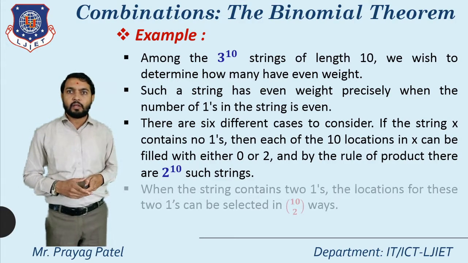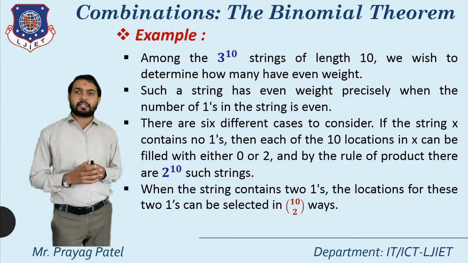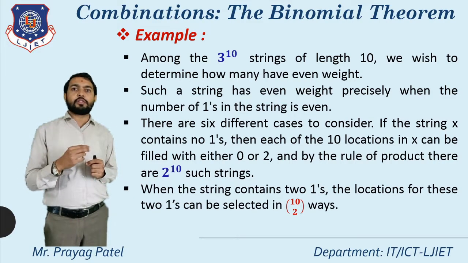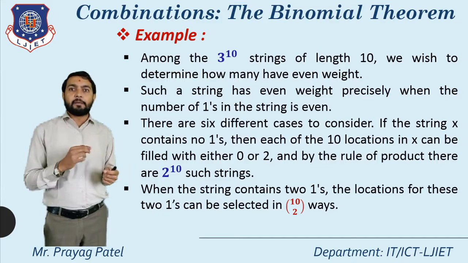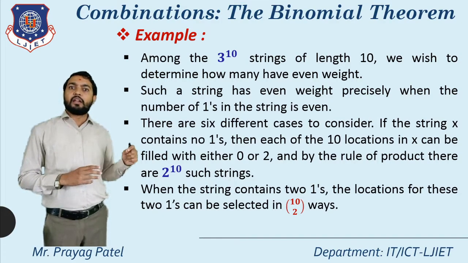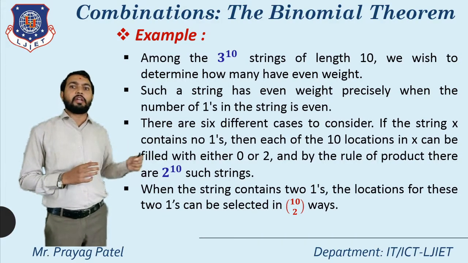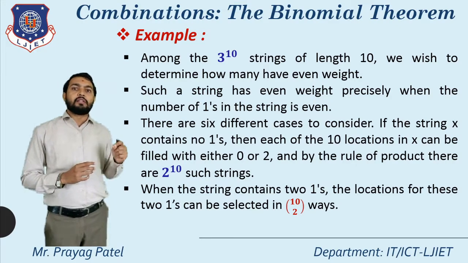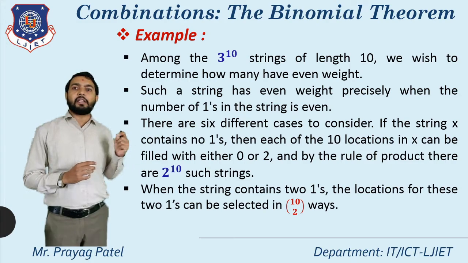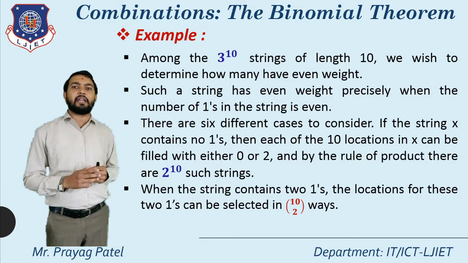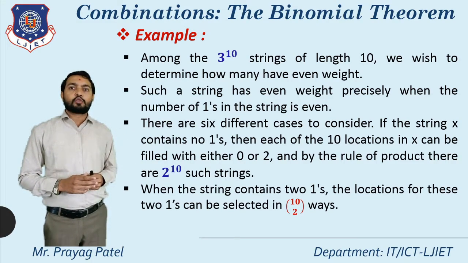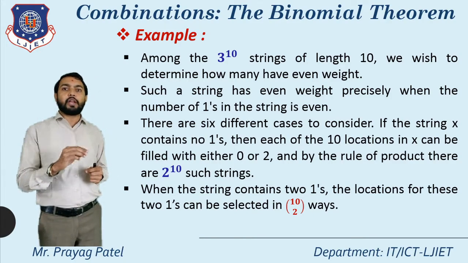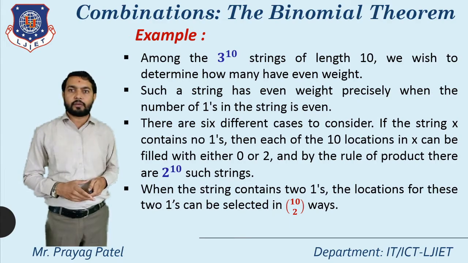Now consider another case, when the string contains 2 ones, because here our value is 2 ones, so the number is even. If only a single 1 is available, then there is no possibility of an even total. So when the string contains 2 ones, the locations for these 2 ones can be selected in C(10,2) ways. So C(10,2) ways are possible for putting the ones in different locations.